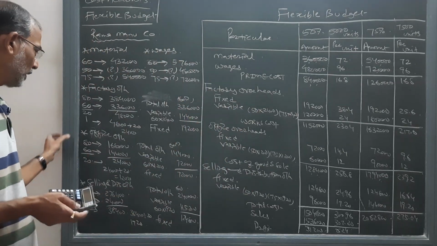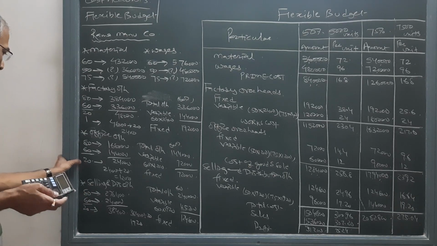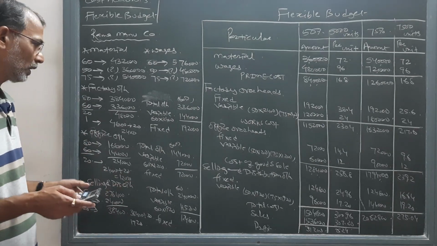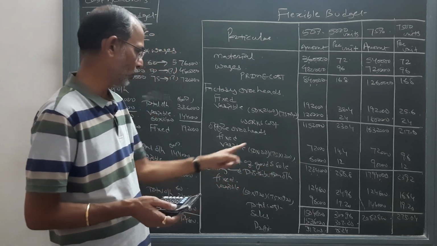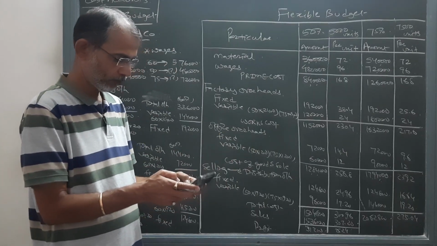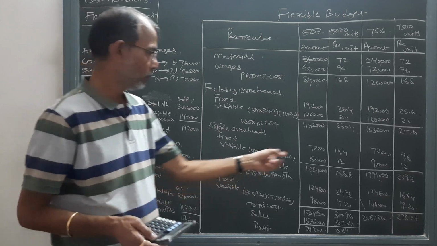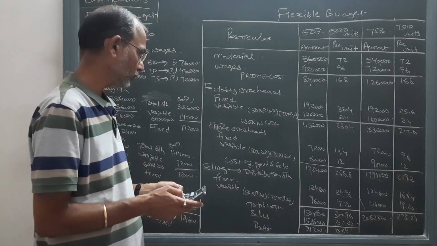Similarly, office overheads are found variable and fixed. For 20% difference, the difference is 24,000. That means for 1% it is 1200. So 1200 into 50, 60,000, and 1200 into 75, that is 90,000. Per unit is 12, and here per unit is the same 12.